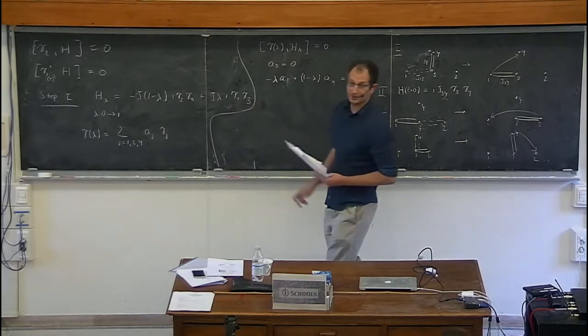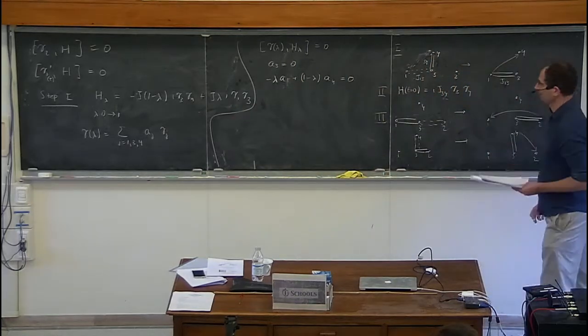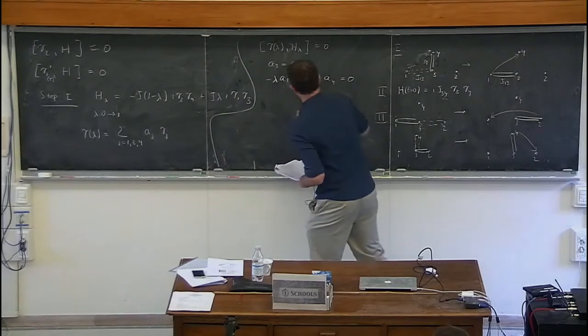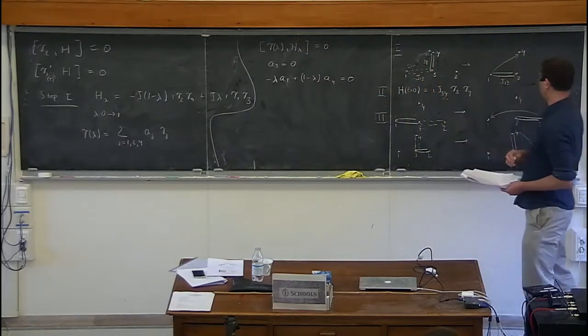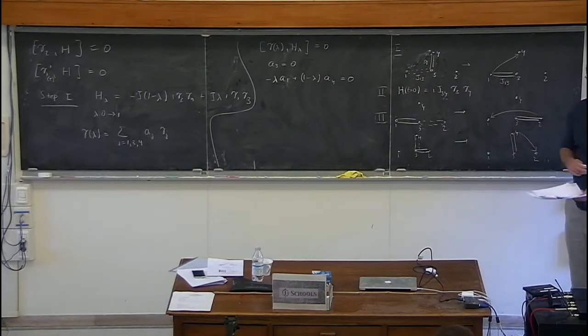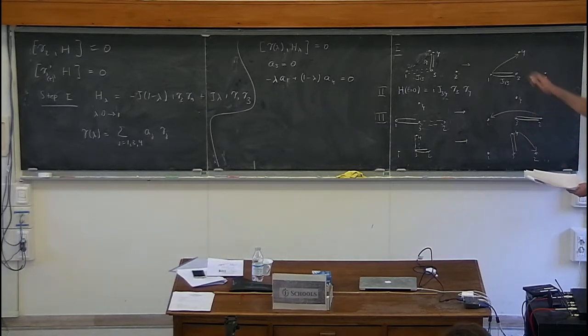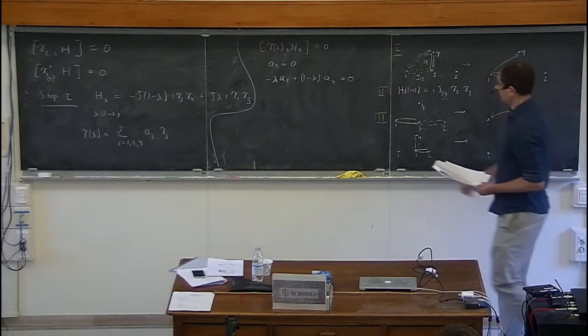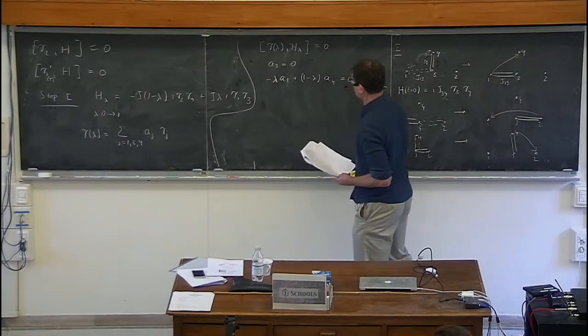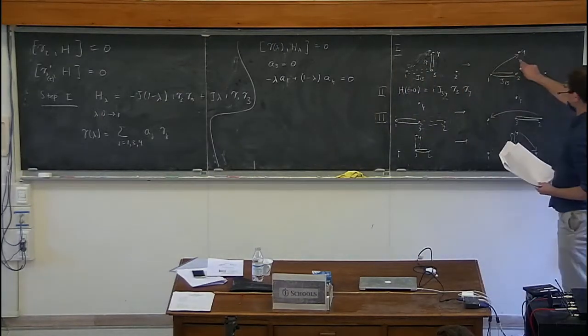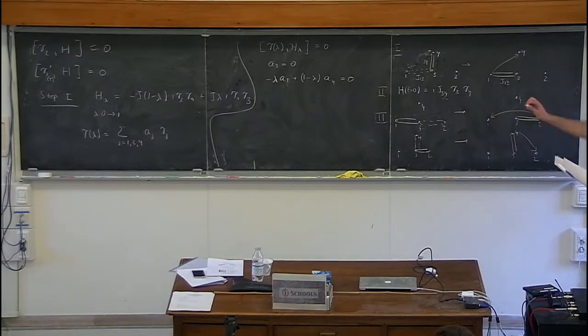Right, this is 1, 3, and 4, which are mixed. I have a typo here. Okay, so when lambda is equal to 0, a4 is equal to 0, so the zero mode lives entirely on gamma 1. And when lambda is equal to 1, it's a1 which is equal to 0, so the zero mode has moved to 4. And you can track what it does at every intermediate step.